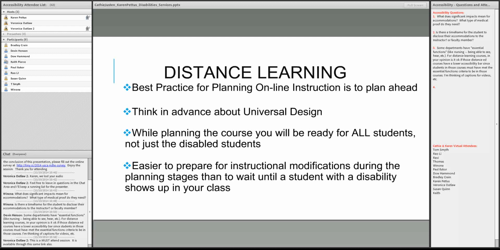And so when you're planning your course, you want to make sure that you have thought for as many people as possible, and that you can make easy adjustments when necessary. And a lot of this happens during the planning stage.